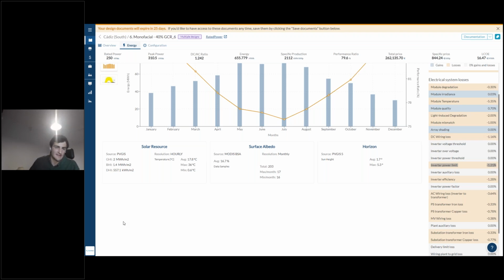Well, what would be an acceptable overload loss of this DC-AC ratio when simulating in PV design? As I mentioned, it will depend a lot on the site and its conditions.